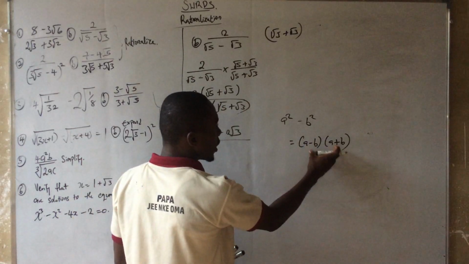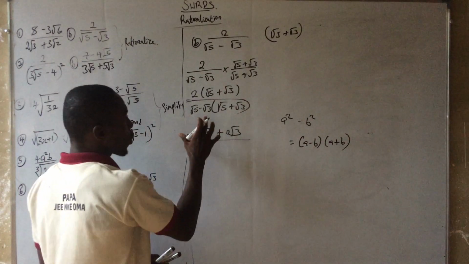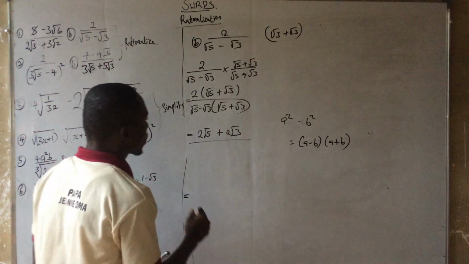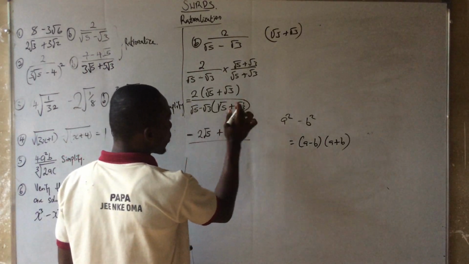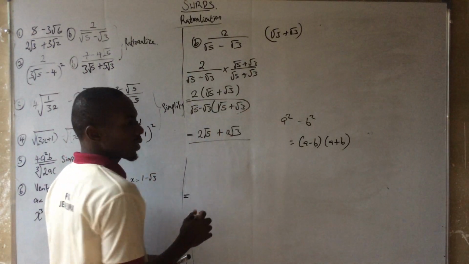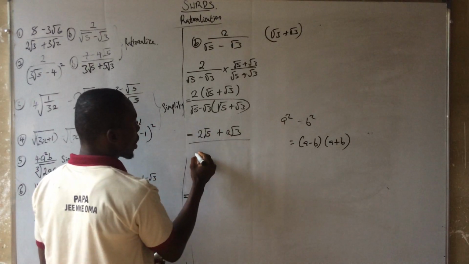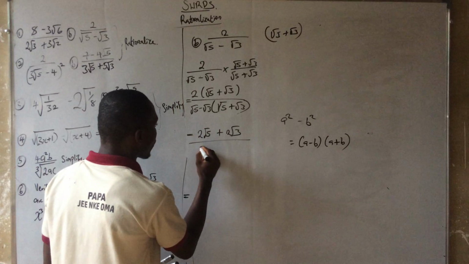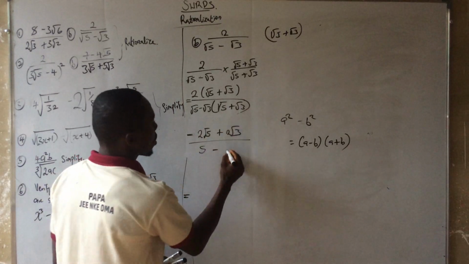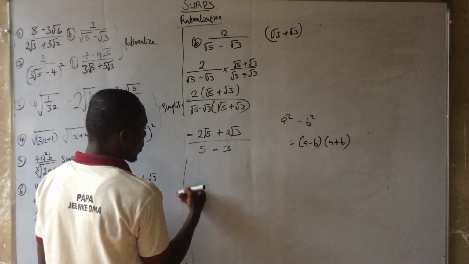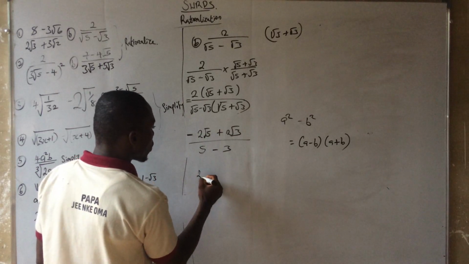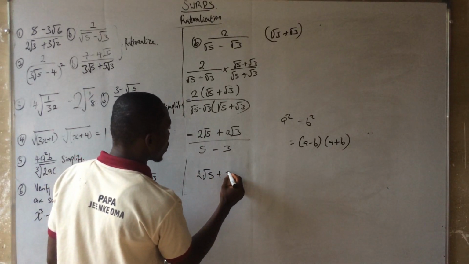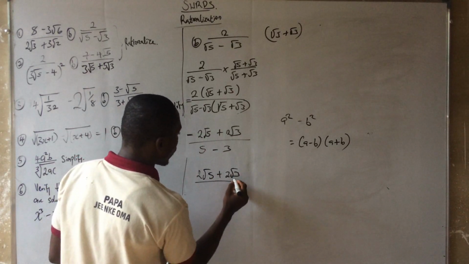So having gotten this, to save us some stress and some time, we square this 5 and square this 3, and put the rest of the things away. So root 5 squared is 5, minus root 3 squared is 3. So now we have 2 root 5 plus 2 root 3 all over 2.